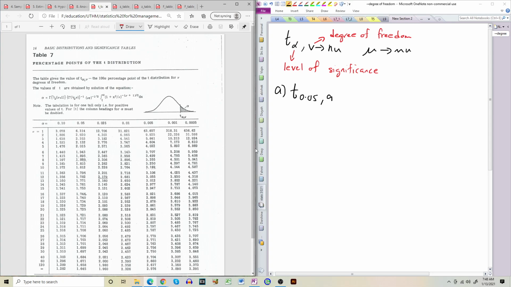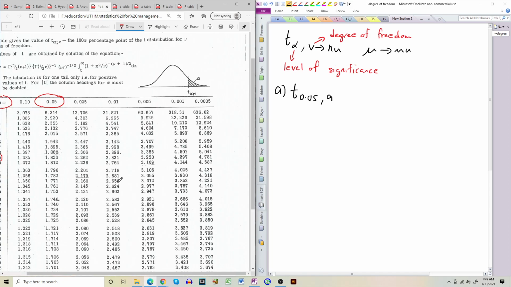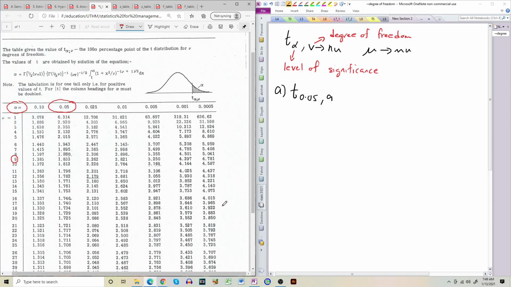You can see here 0.05 is here, that is alpha, and the nu is 9. So this is the answer. Let me make it a bit bigger. So the answer is 1.833.